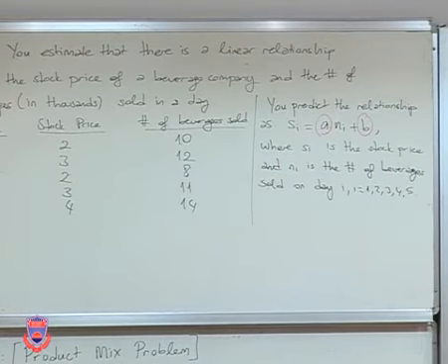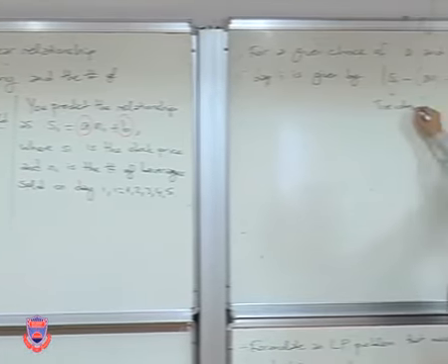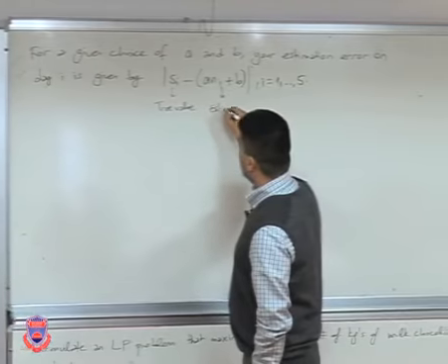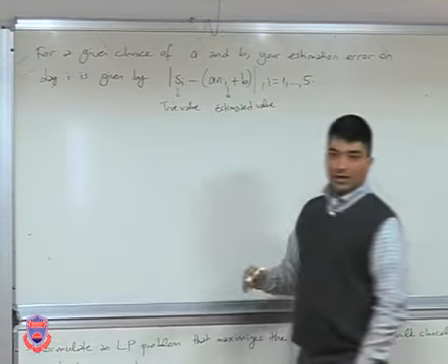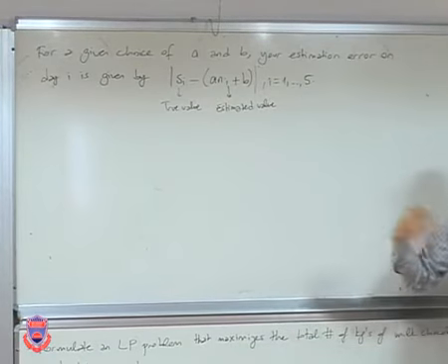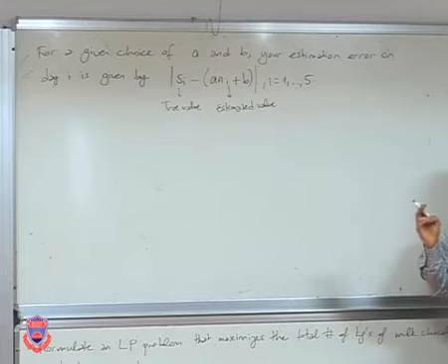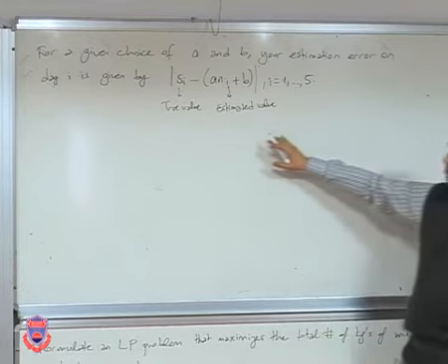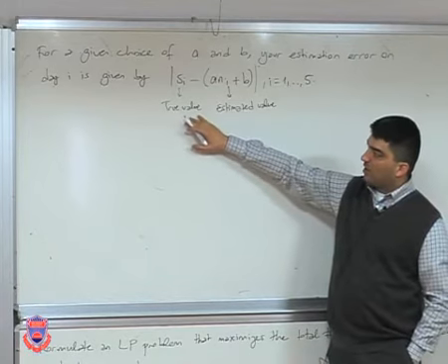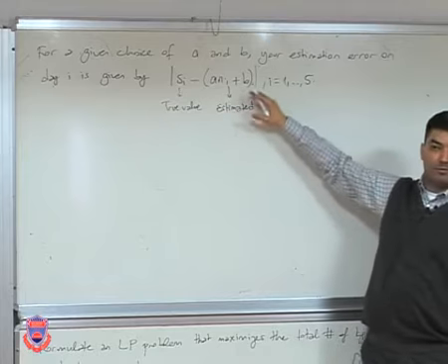So essentially, think of this as the true value and think of this as the estimated value. And what I'm doing is looking at how much different they are from one another. Is this clear? I'm looking at the difference between the true stock price and the predicted stock price, predicted by me, of course.